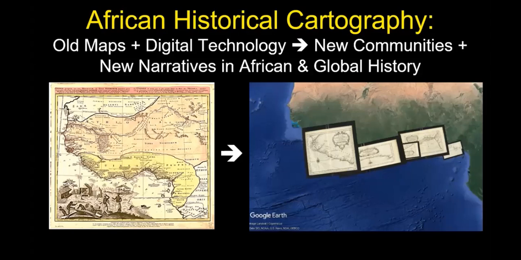What's happening is that detailed maps of the slave trade are now becoming a matter of immense interest because they indicate the kinds of things that must have been going on in Africa prior to the departure of slave ships for the New World. These can be laid on top of one another and on top of the Google Earth base and analyzed in reference to those geologic realities underneath them.